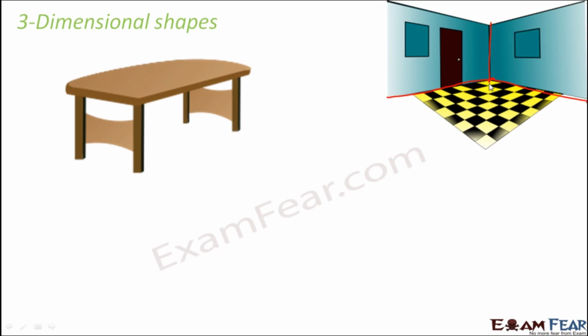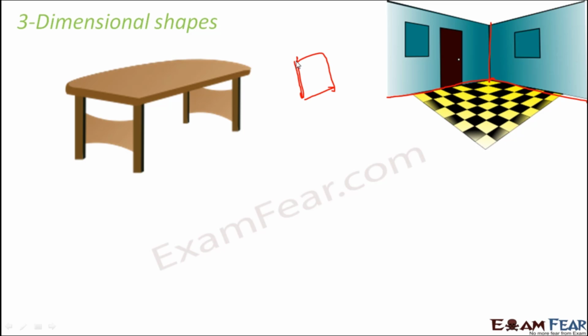So this is a 3-dimensional shape. This is not 2-dimensional. You cannot have the room on a piece of paper, like we have drawn it on a piece of paper, but the actual room, it has got 3 dimensions. So a paper is not a 3-dimensional shape. A sheet of paper is a 2-dimensional shape. So when you look at a sheet of paper, this is how it looks like.